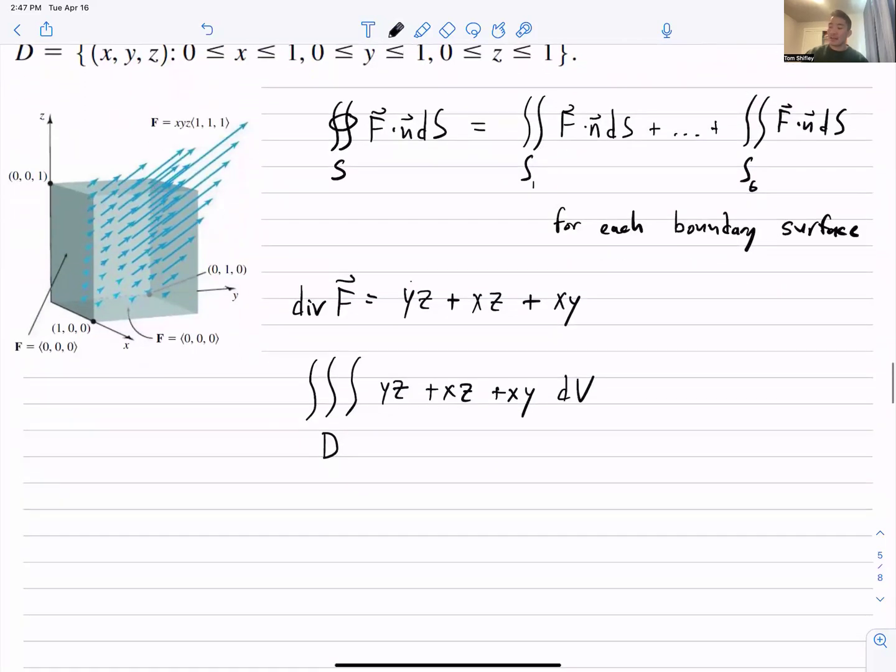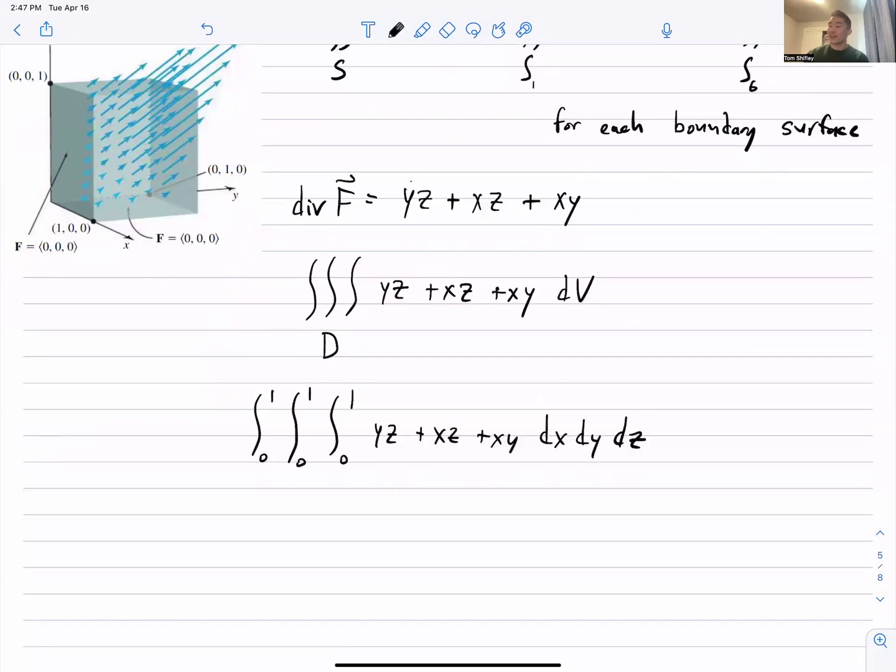That's not easy, but not hard. We just integrate from 0 to 1 for each variable because it's a unit cube. And then it's yz plus xz plus xy. It doesn't really matter what order we do it in. And then we just start doing it.